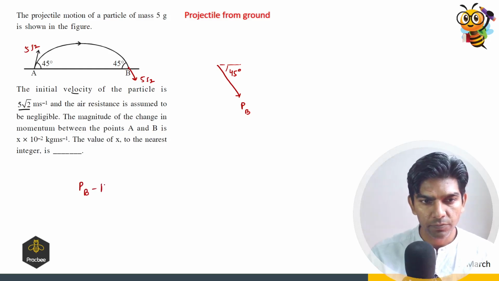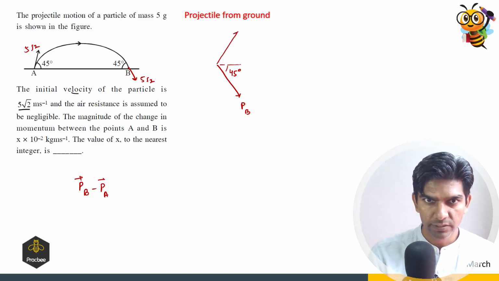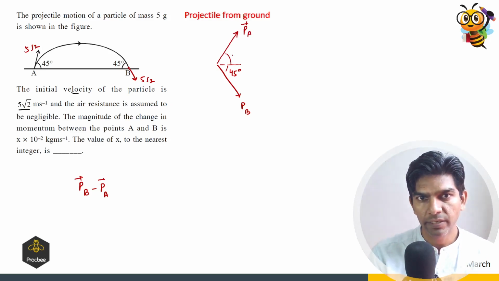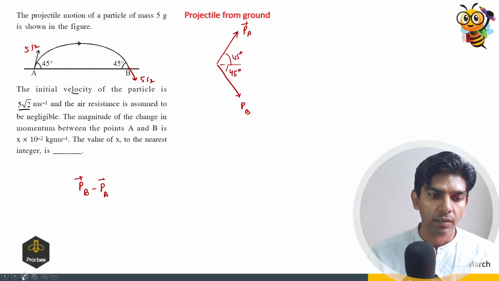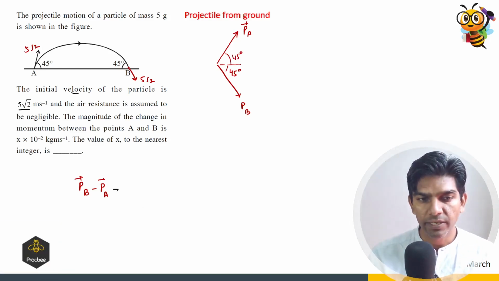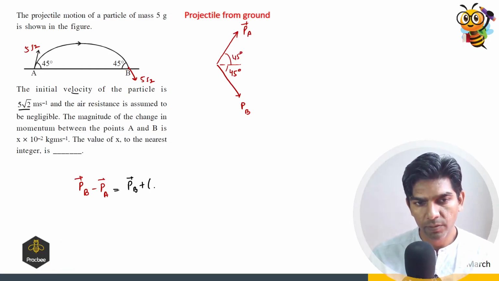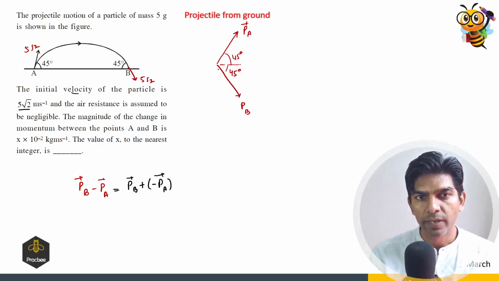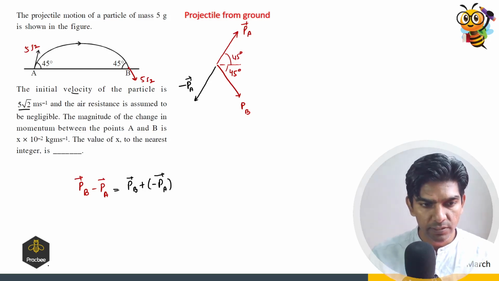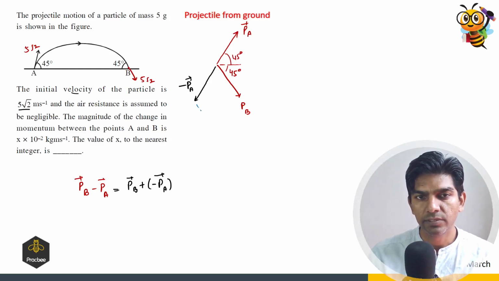So PB minus PA, that is the change, and this is PA, which is making an angle of 45 degrees with the horizontal. PB minus PA can be written as PB plus minus of PA. So minus of PA will be opposite to PA. This is minus of PA. Now the resultant of these two vectors, minus PA and PB, will give us the change in momentum. So this is the change in momentum delta P.